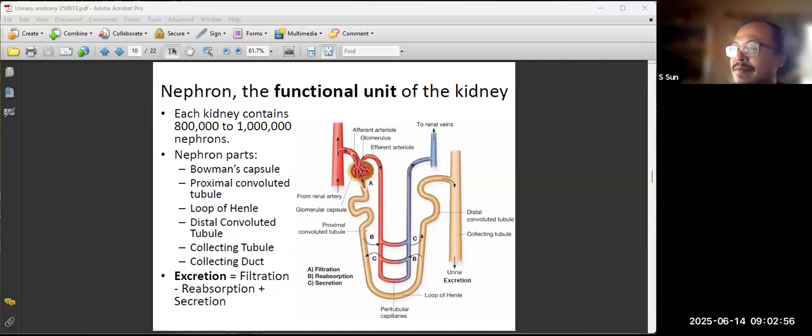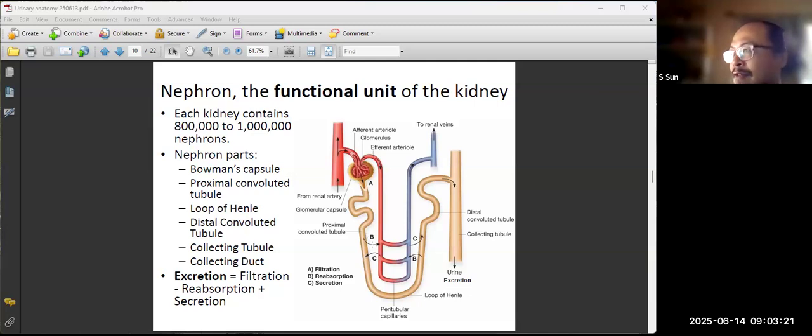And for the peritubule capillary, its function is to take back some good stuff. That taking back is called reabsorption. And then we also have a function to dump out additional bad stuff, something that our body doesn't need.